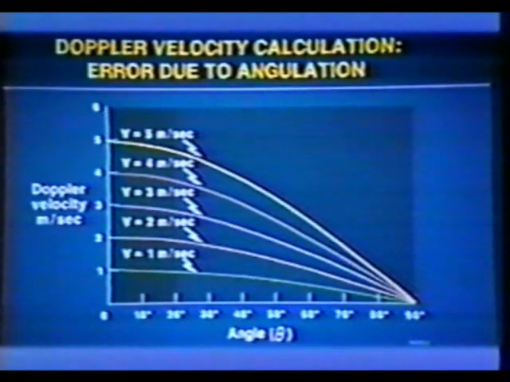This graph again emphasizes the error introduced when our sound beam is not properly aligned with the blood flow. Theta is plotted along the x-axis, and the velocity obtained by Doppler is plotted on the y-axis. The numbers above each curve are the true velocities that we wish to measure.